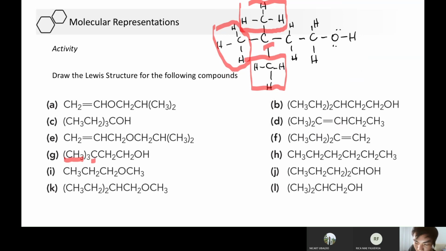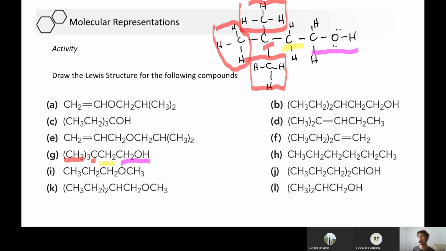And that carbon is bonded to this yellow carbon. Nakadugtong sa dyan together with the hydrogens. And then, yung nasa dulo, nakadugtong na lang sila accordingly. So, that is the structure for that molecule.